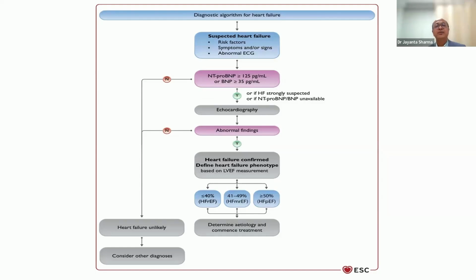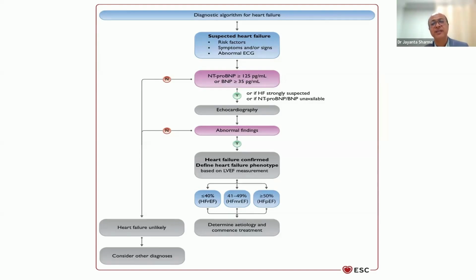So the diagnostic algorithm for heart failure: how will we approach the patient after the initial presentation? First, think about whether the patient has suspected heart failure or not. See whether the patient has any risk factors, any symptoms or signs matching heart failure, or any abnormal ECG.